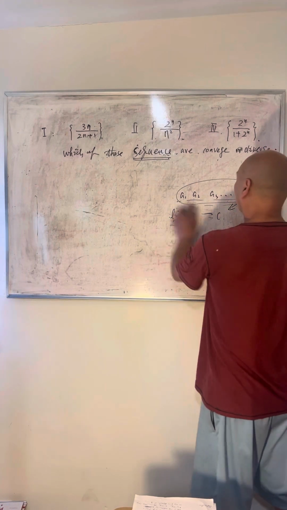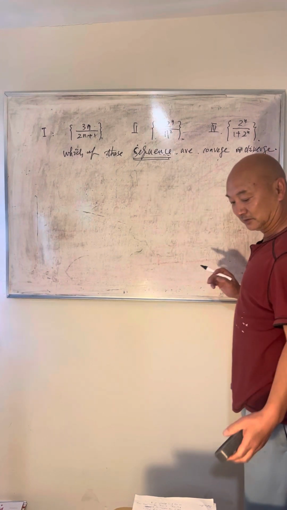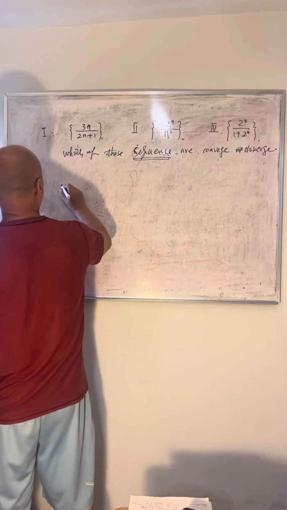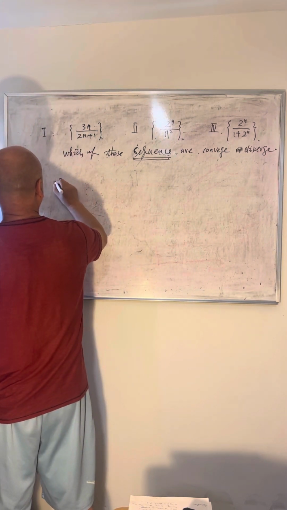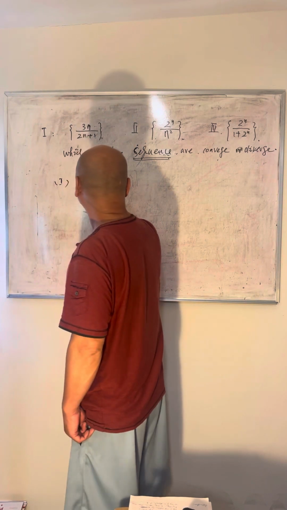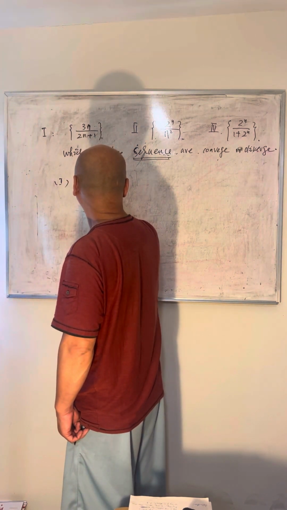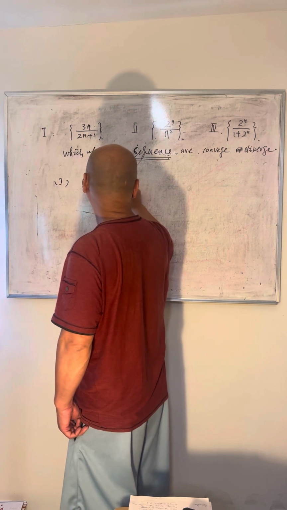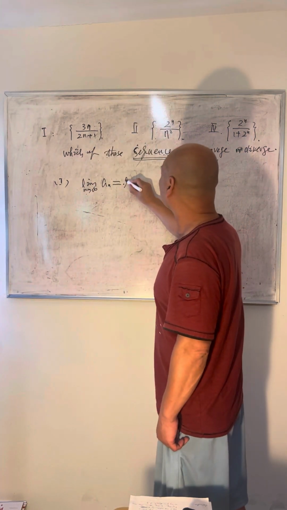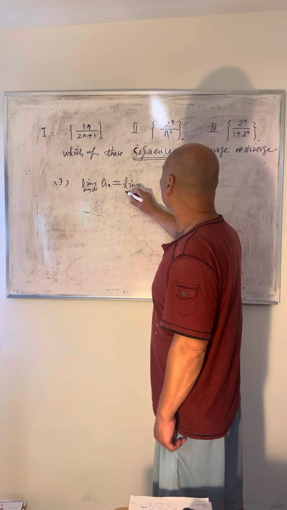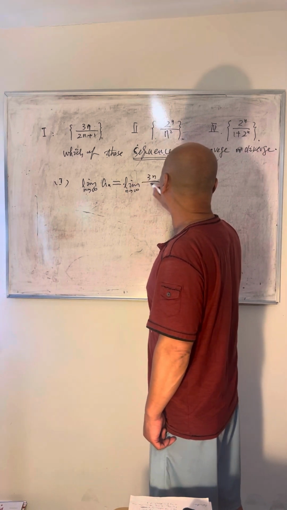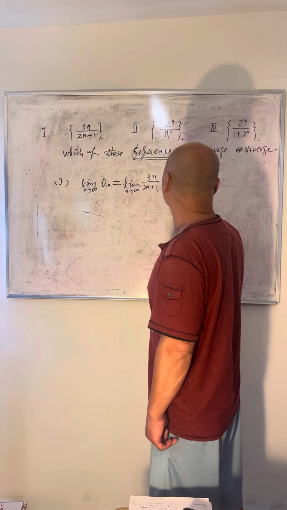Now, based on this principle, let me see the first one. Find this limit as n approaches infinity of 3n over 2n plus 1.